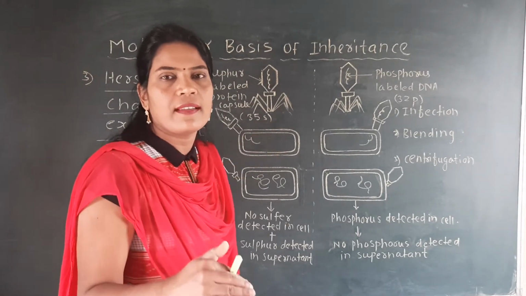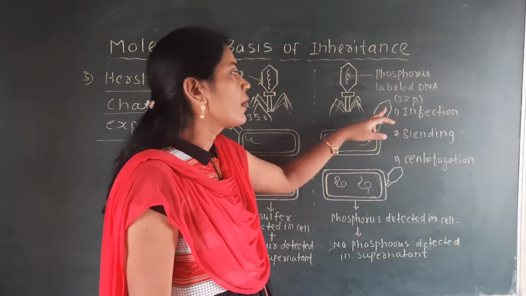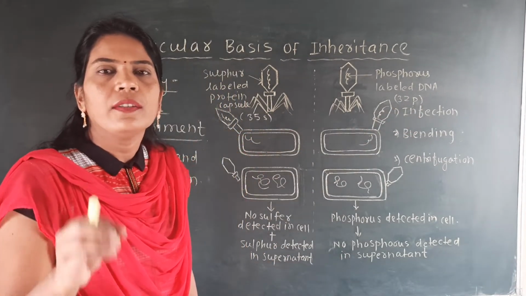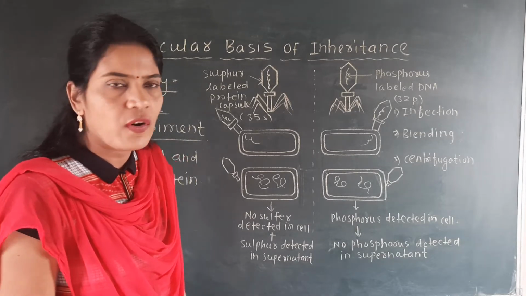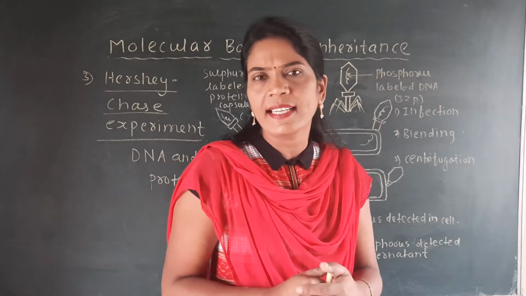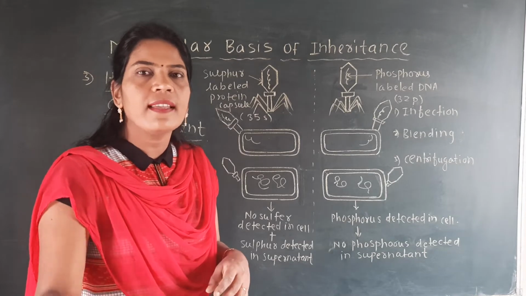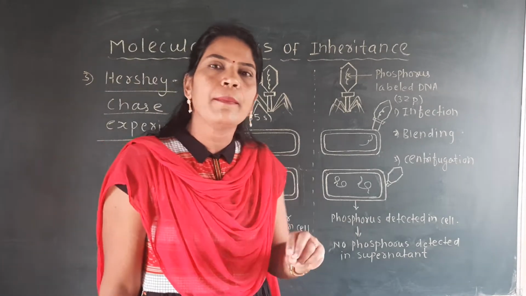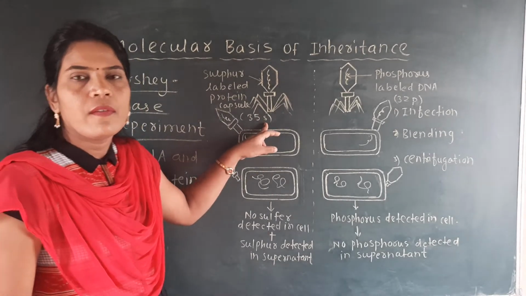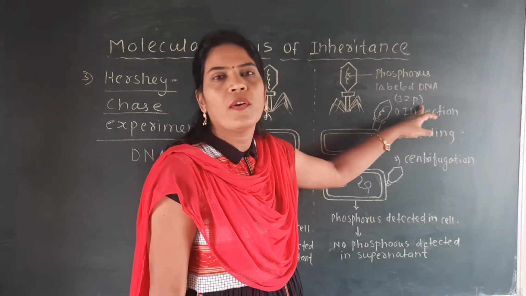While some viruses he grew in another medium, which contains phosphorus, and so he labeled those as 32P. P stands for phosphorus, S stands for sulfur. What I said here, see here, the two sets of viruses he collected. Some viruses he grew in a medium containing radioactively labeled sulfur, while some in a medium containing radioactively labeled phosphorus.